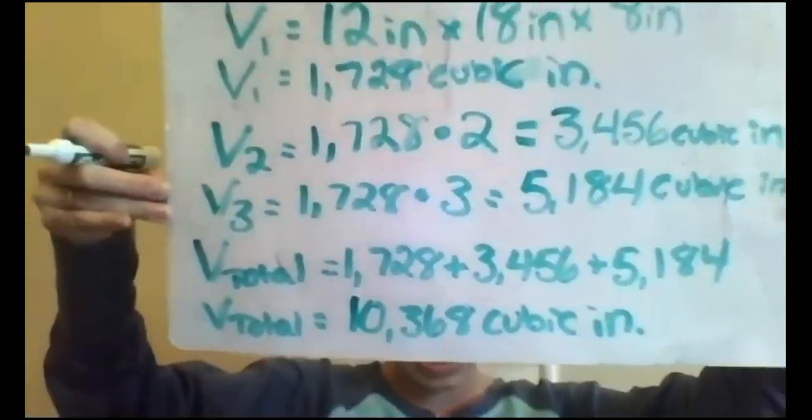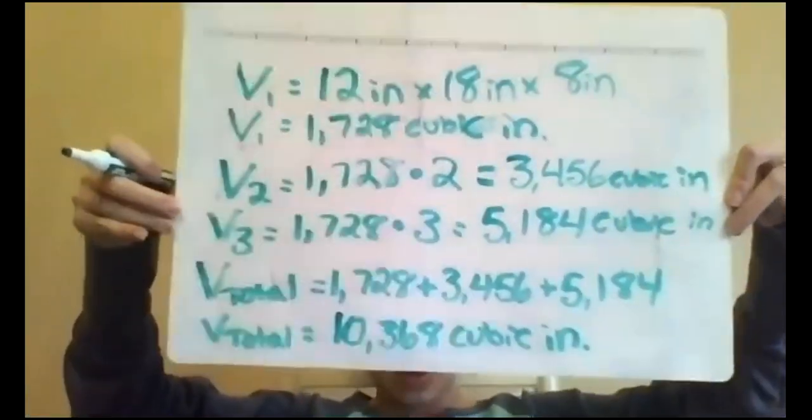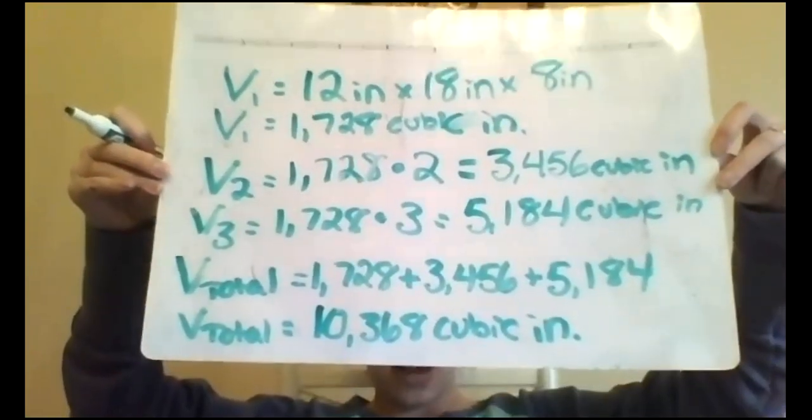I'll give you a minute to add that, guys. Okay, hopefully when you added that, you got a value of 10,368 cubic inches. 10,368 cubic inches. And here's the work for all that entire problem.